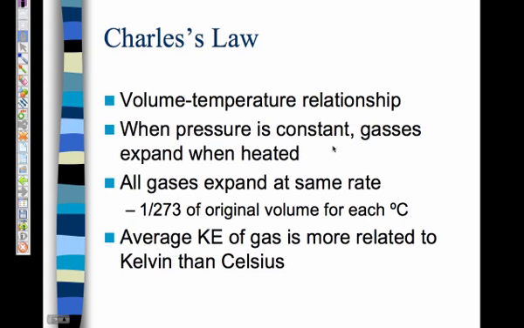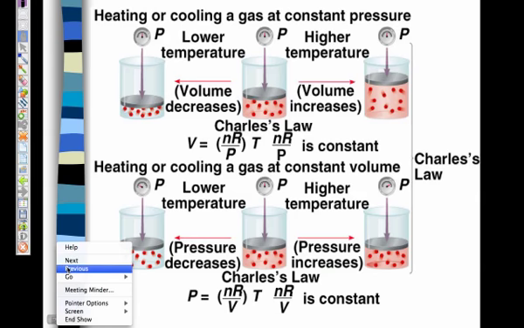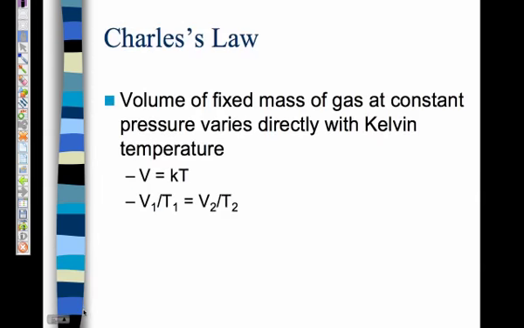You're going to subtract 273 to make it really cold. So we'll have V1 over T1 is equal to V2 over T2 for our equation, since they are directly related.